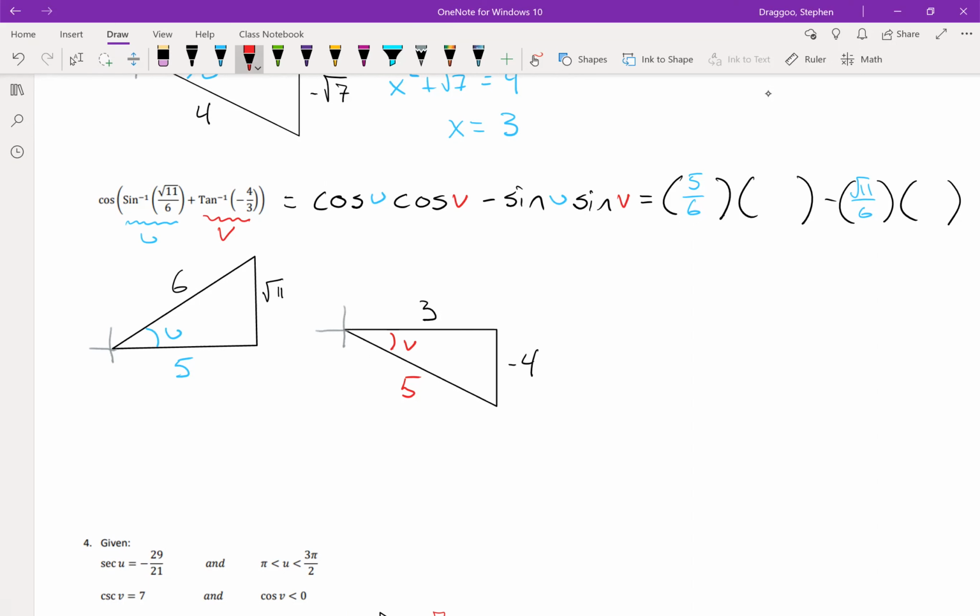Next, we'll go on to our angle v. First, we'll look at the cosine of v, which is the second slot. So right there, cosine of v is going to be 3 over 5. And then we'll get the sine of v, which goes into that fourth slot. That should be negative 4 over 5.